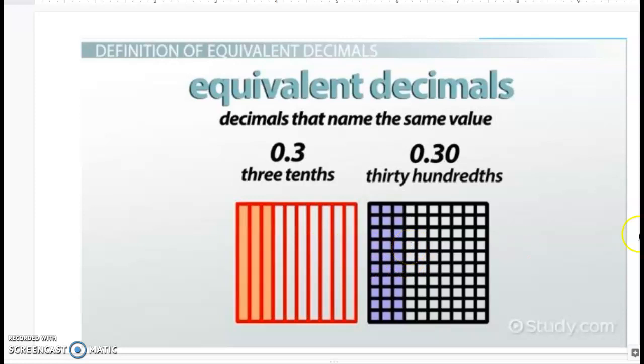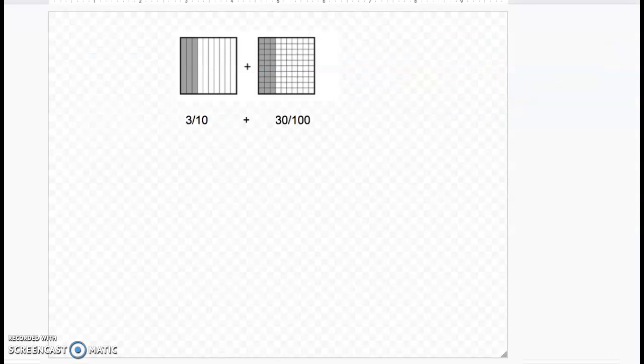hundredths. Okay, so what you're going to be doing today is adding decimals with unlike denominators. Adding decimals with denominators that are not the same. So what you need to do is make these decimals the same. Here you have 3/10 and here you have 30 hundredths.